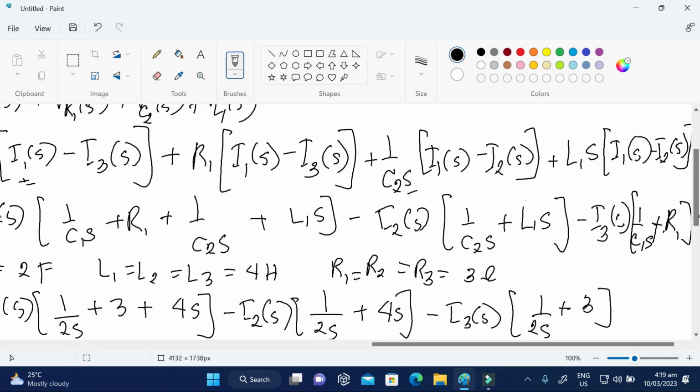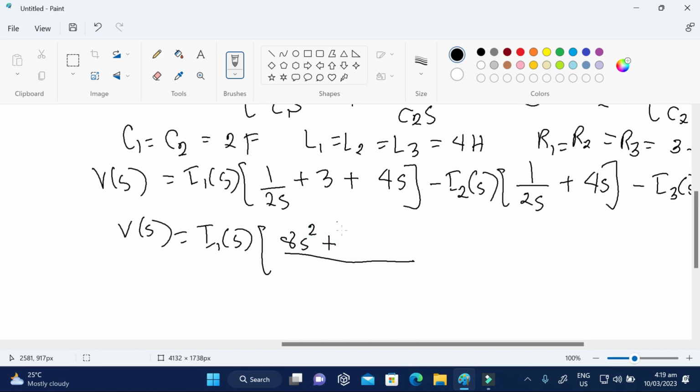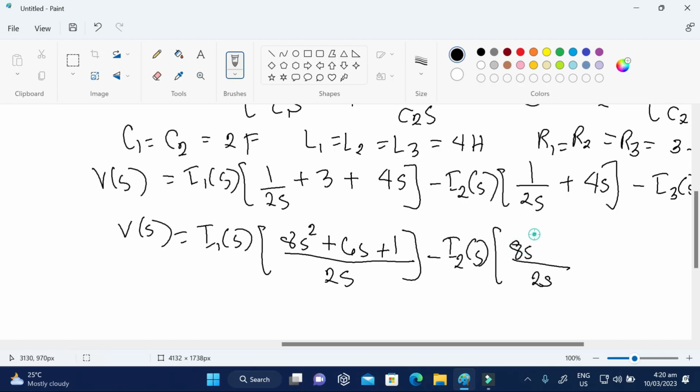Simplifying further, we have Vs equal to I1S multiplied by 8S squared plus 4 plus 6S plus 1, over 2S. Minus I2S multiplied by 8S squared plus 1 over 2S.